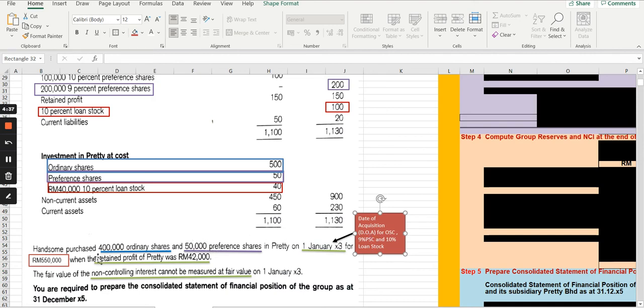And for your information, even though it is not stated here, there was an acquisition of the debenture or the loan stock that is given in the information in the statement of financial position. This one is the carrying value of the investment that has been recorded when the parent acquired earlier.